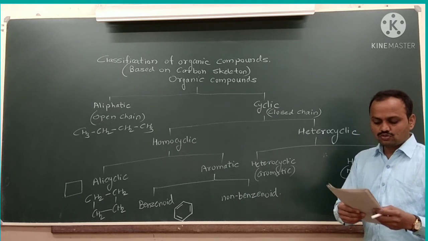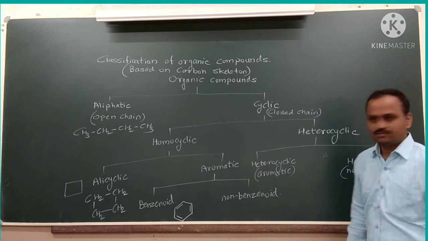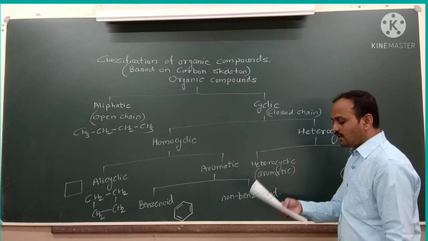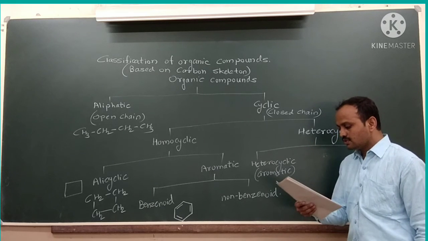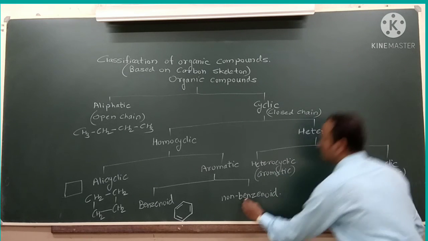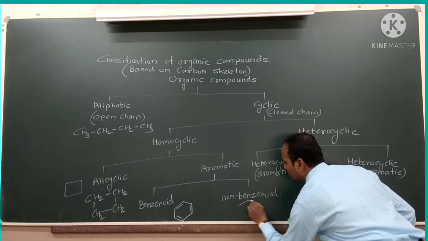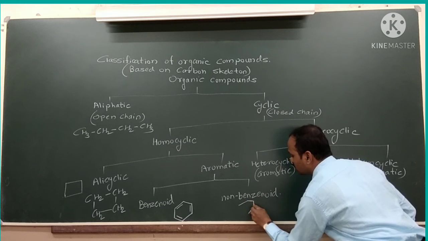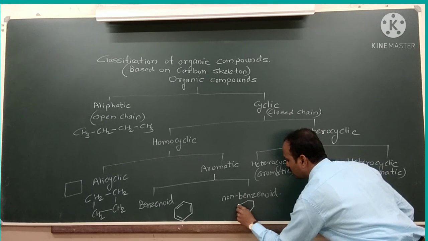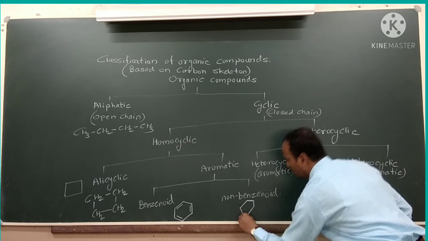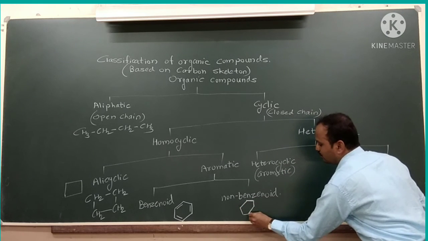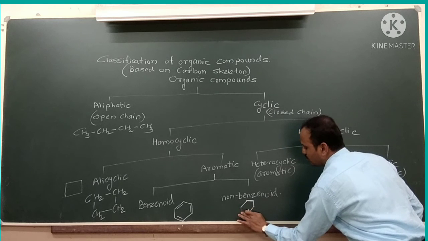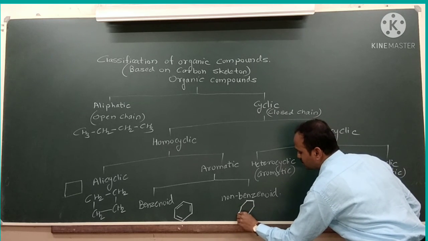Non-benzenoids. Students, an example of non-benzenoid structure: 1, 2, 3, 4, 5, 6, 7.